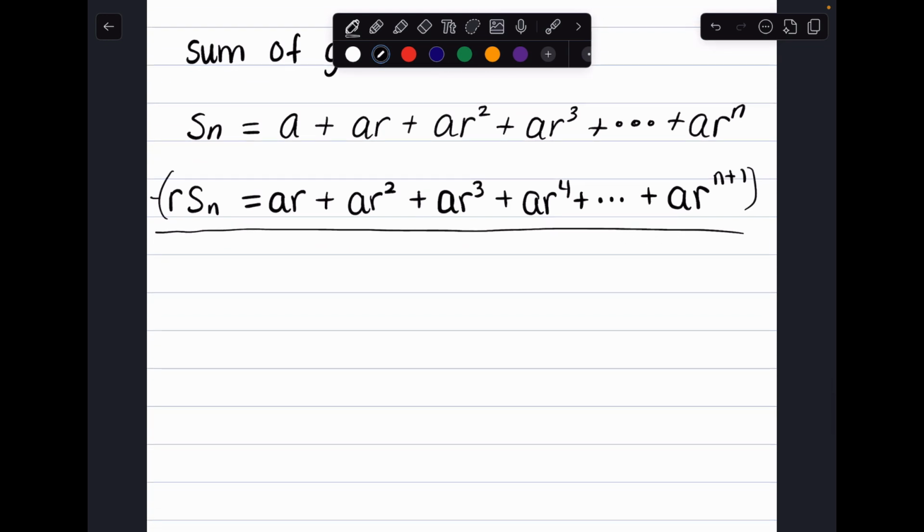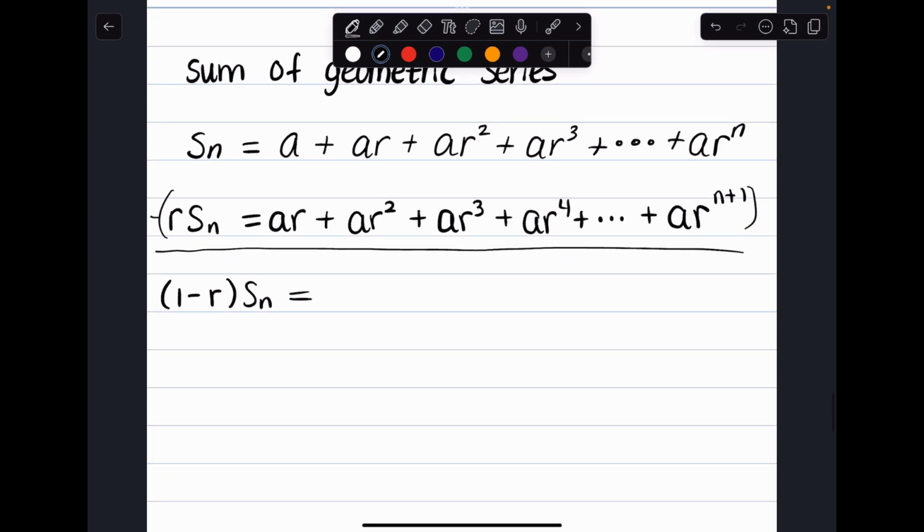When we subtract, we end up getting 1 minus r times the nth partial sum is equal to, and here we don't have a telescoping series, but we get a lot of really nice cancellation. So our a times r, we're subtracting, keep in mind we're subtracting here, and a times r.